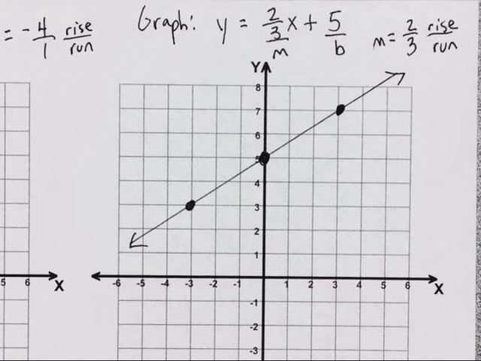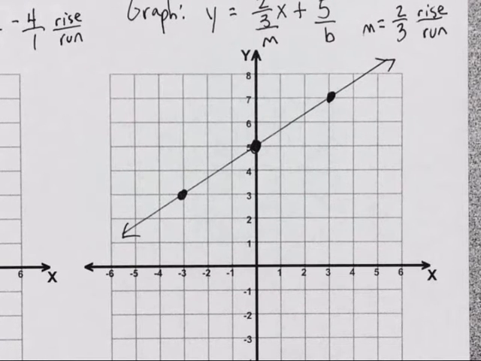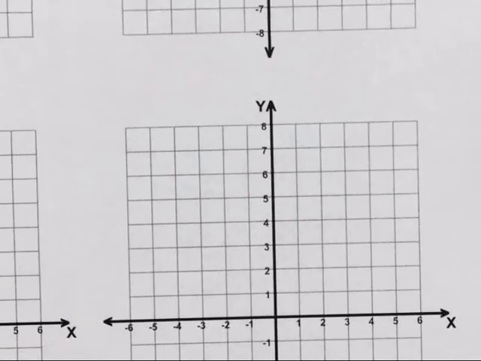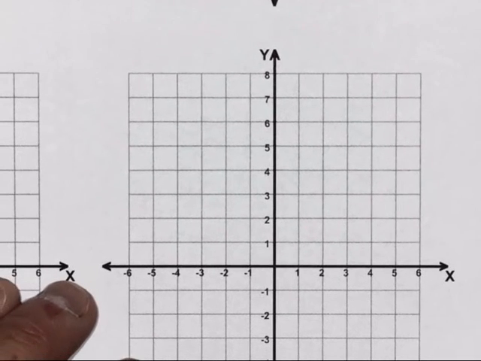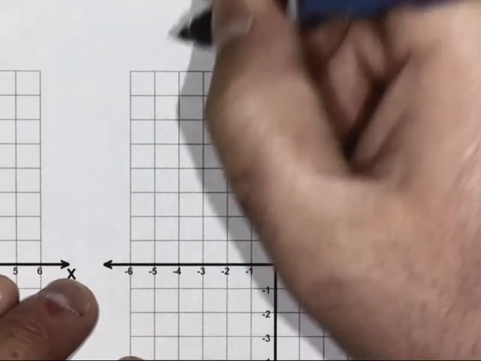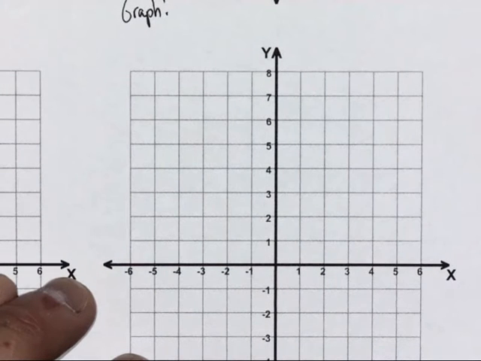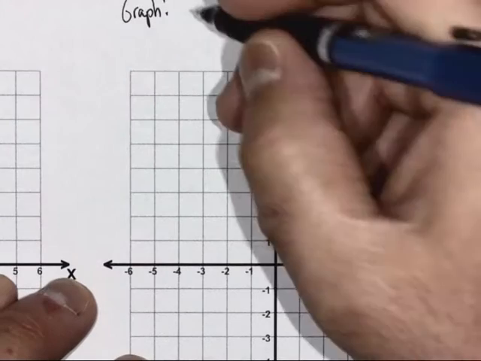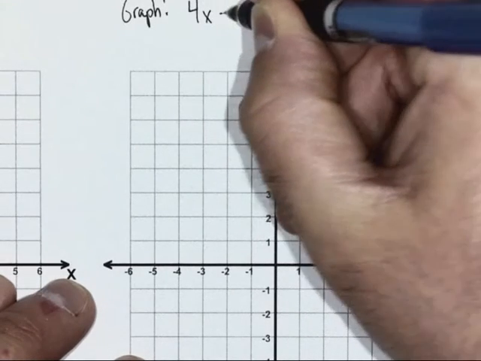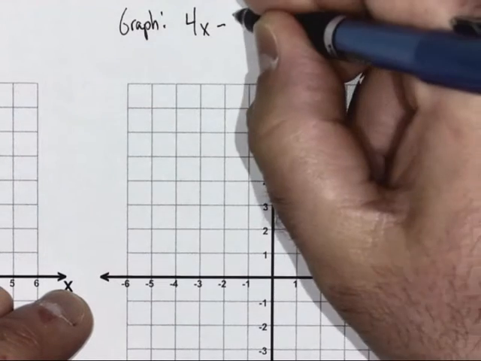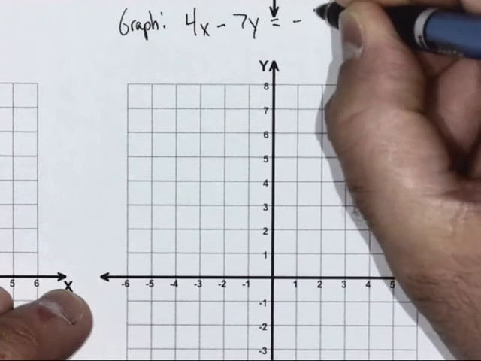All right, let's do an example here that's slightly different. Let's say I want to graph 4x minus 7y equals negative 14.